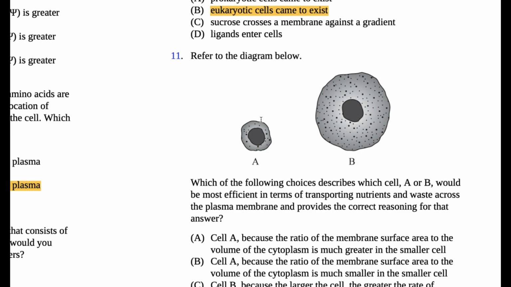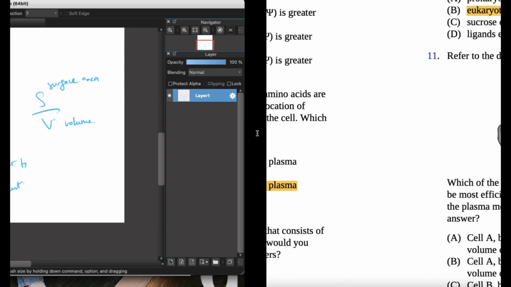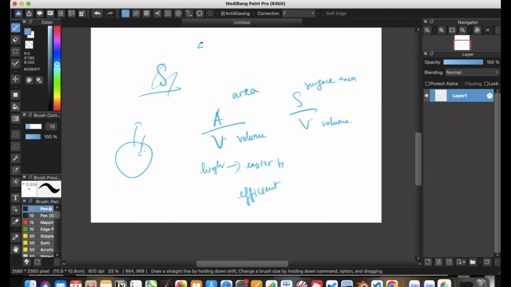So let's take a look. As you can see, in cell A, the smaller cell, the ratio is much higher, right?